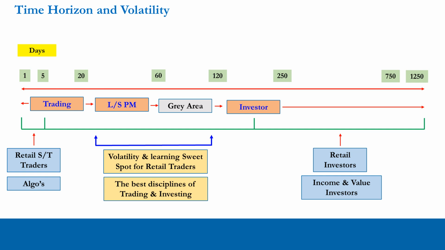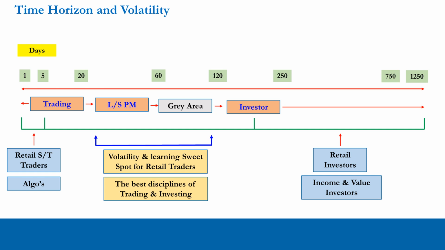When a trade becomes an investment because you haven't taken off the position. We want things to happen in the 20 to 60 day time horizon where we have the consistent volatility, where we have the volatility sweet spot. The longer we keep on a trade beyond 60 days, the more it becomes an investment. Now, there's a gray area between 60 and 120 days where trades start to become investments.